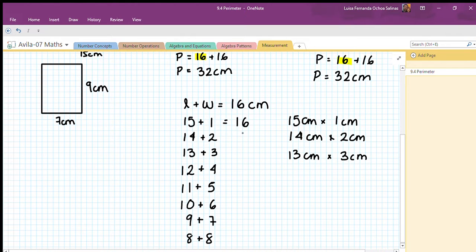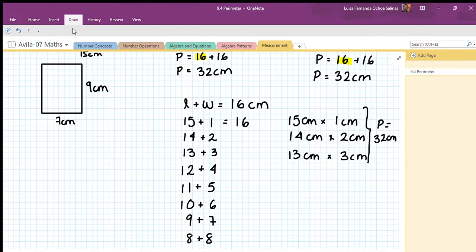And you can verify with any of these that the perimeter for all of them is 32 centimeters. Okay, I want to draw your attention to this. The question was asking how many will it be? So let's count: 1, 2, 3, 4, 5, 6, 7, 8. So 8 different rectangular shapes.